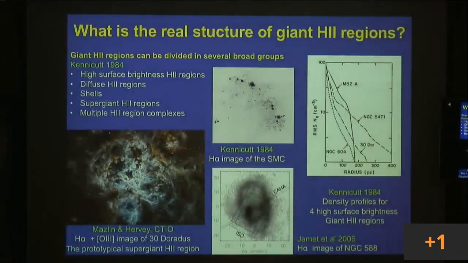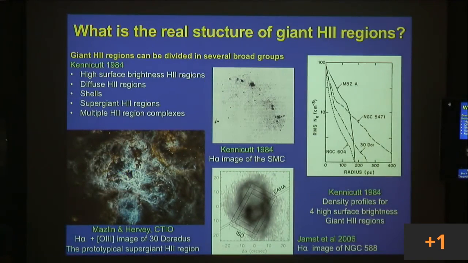Now, what is the real structure of a giant H2 region? There was an old paper by Kennicutt who divided giant H2 regions in several broad groups. So there were high surface brightness H2 regions, diffuse H2 regions, shells, supergiant H2 regions, and multiple H2 region complexes.